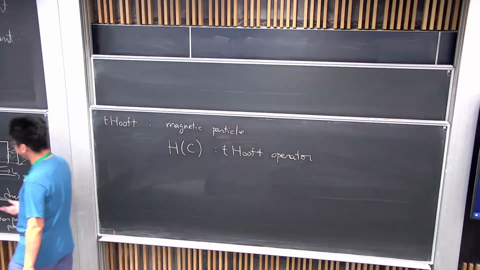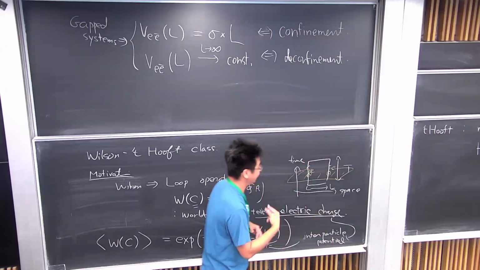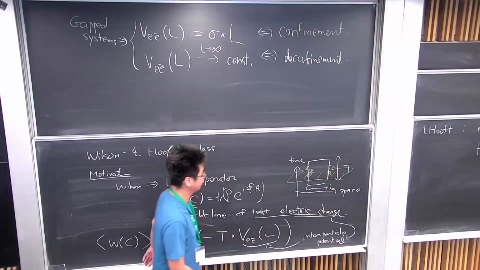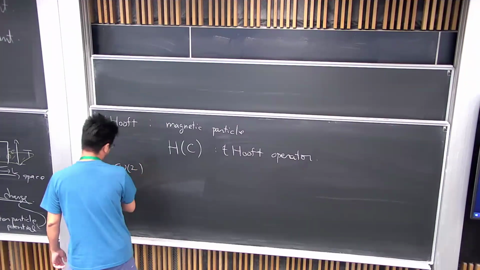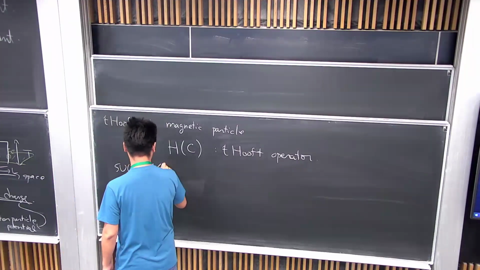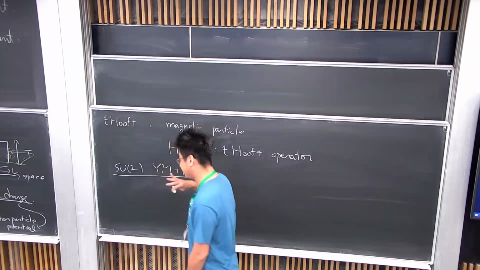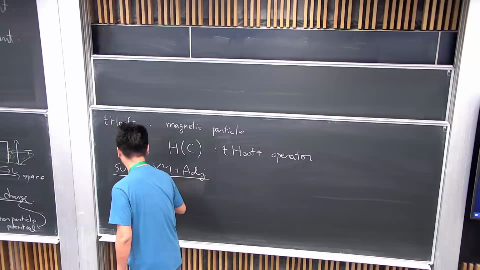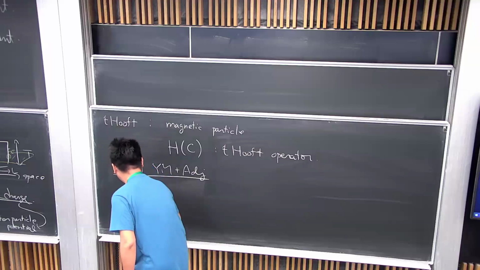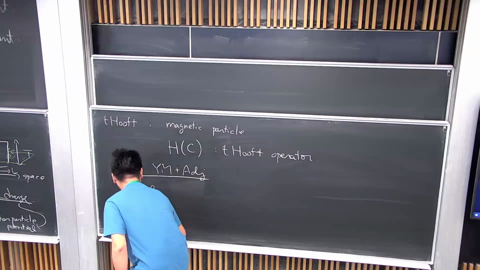Using not only the Wilson loop but also this 't Hooft loop, we can get a finer classification of gapped phases. For example, if we consider SU(2) Yang-Mills plus some adjoint particle system, there are three kinds of gapped phases: one is Higgs, and there are two kinds of confinement states, confinement 1 and confinement 2.